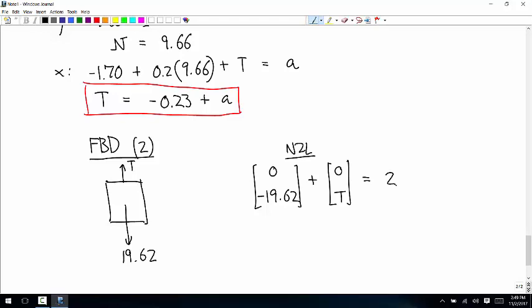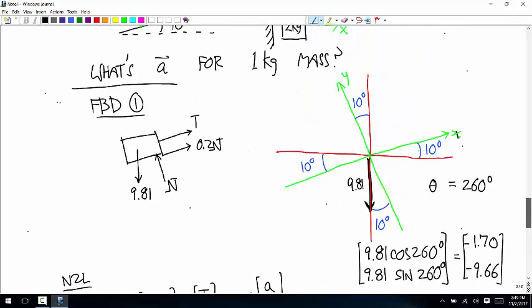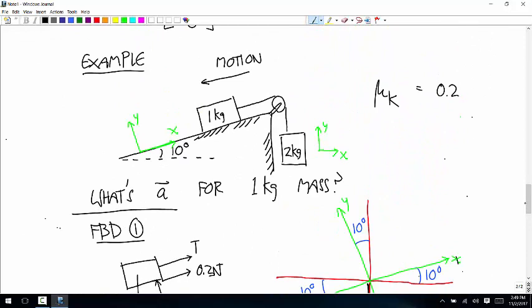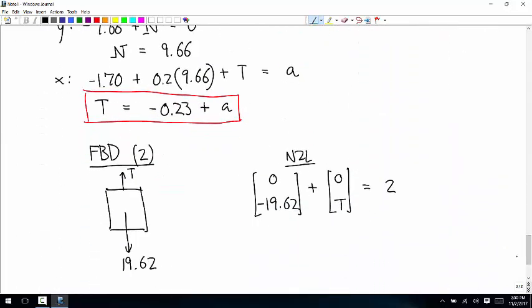And now we have to think about how those accelerations are going to be related. So if the 1 kilogram mass moves in its positive x direction, what does this one do in its coordinate system? Yeah, it goes down, which is the negative y direction. So if we call the acceleration of this one a, 0, we have to call the acceleration of this one 0, negative a.